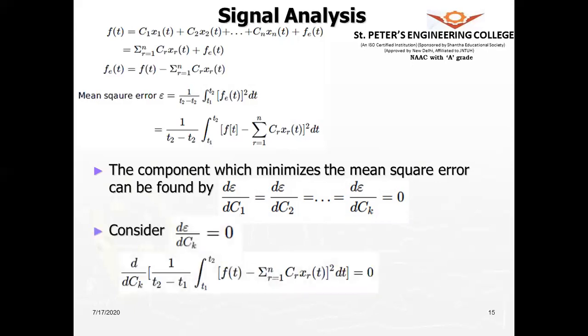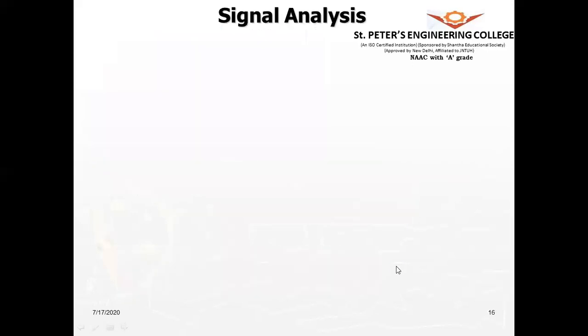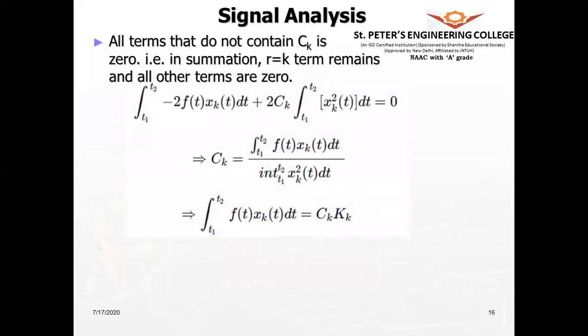Then we get this as d by dck of 1 by t2 minus t1 integral t1 to t2 f of t minus sigma r equals 1 to n cr xr of t whole square dt should be equated to 0, and we know that when r is equal to k, those terms remain and all other terms will become 0.